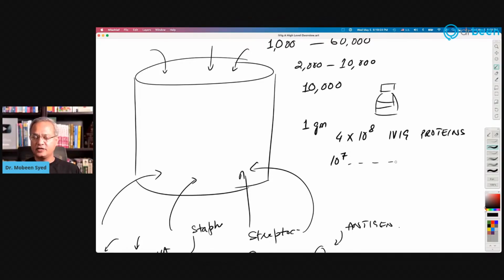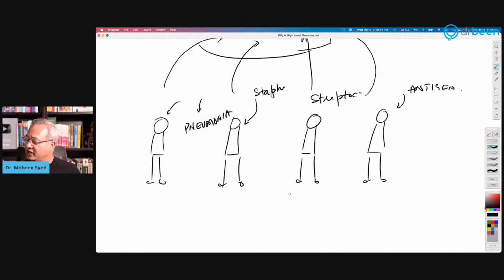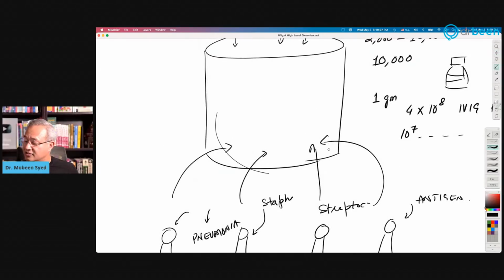So at the end of the day, this is the key factor to understand for IVIg. Why do we make IVIg? Because we are collecting, imagine convalescent plasma. Instead of just taking that from one person, imagine you take 10,000 people and take antibodies from all of them. They would have antibodies against a variety of diseases. And then you put them all together.